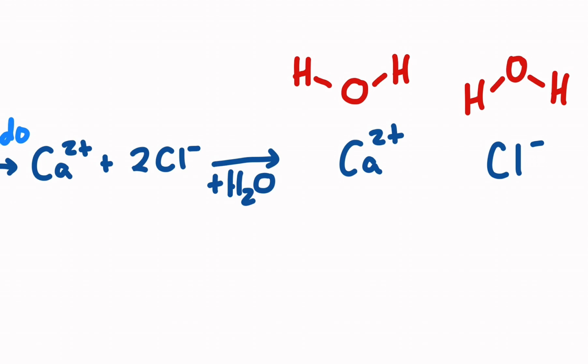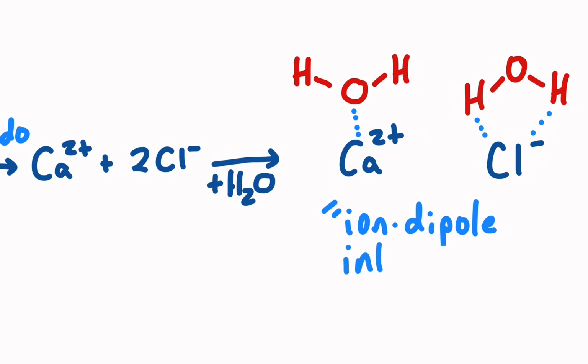And you can even draw little dotted lines to show those interactions. These are called ion-dipole interactions. And they're kind of like intermolecular forces, but they're not between molecules. Ion-dipole interactions are between an ion and a polar water molecule.